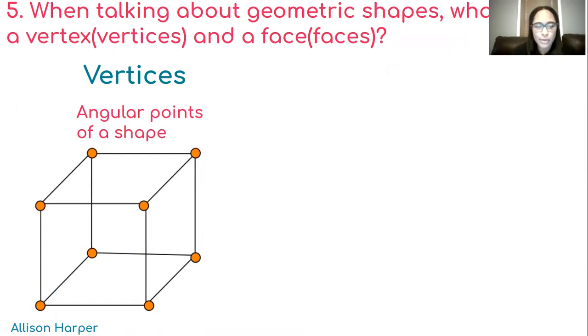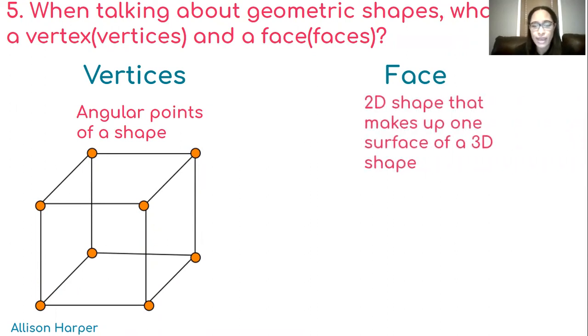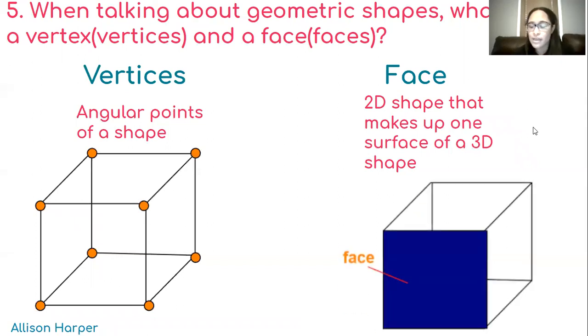So with this cube here, every single point on the cube is a vertex. And as far as face, it is the 2D shape that makes up one surface of the 3D shape. So it is this flat surface right here, which is called the face of the shape.